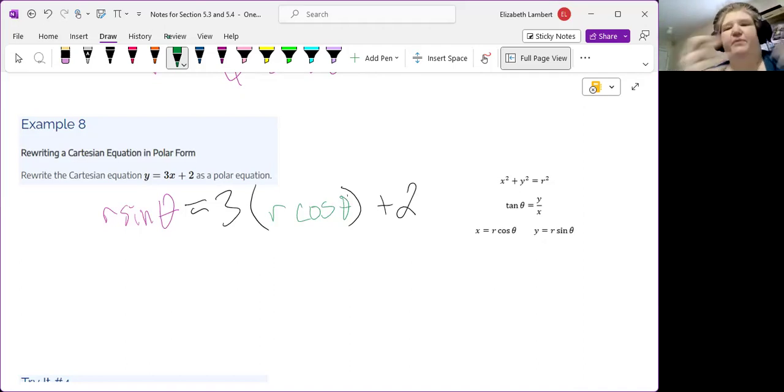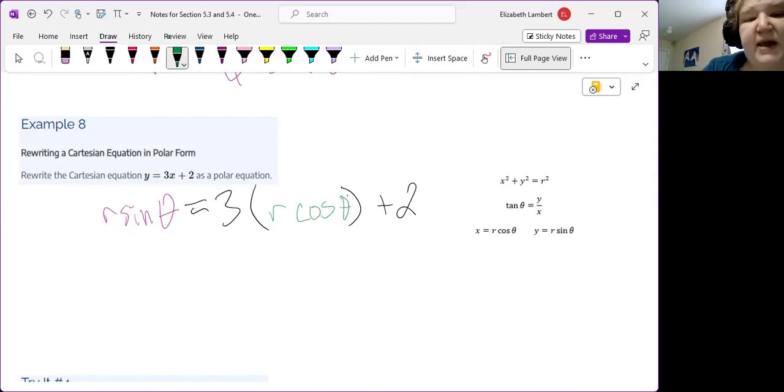But again, we prefer to get r by itself because if I wanted to graph this and check that it worked, I don't think I can type just this in Desmos. It might work, but probably won't. Most graphing utilities, you have to get r by itself. All right, so I have two terms with an r.